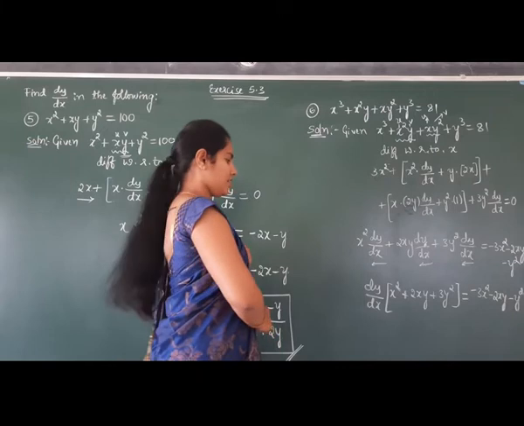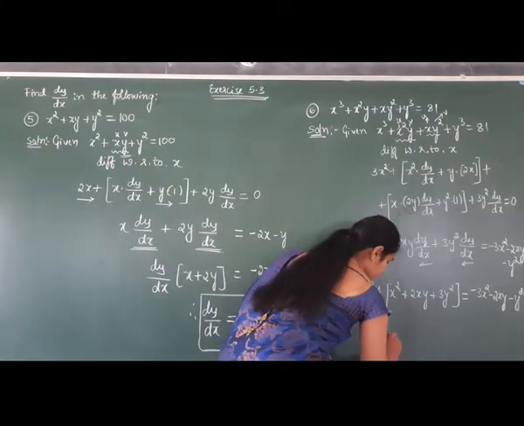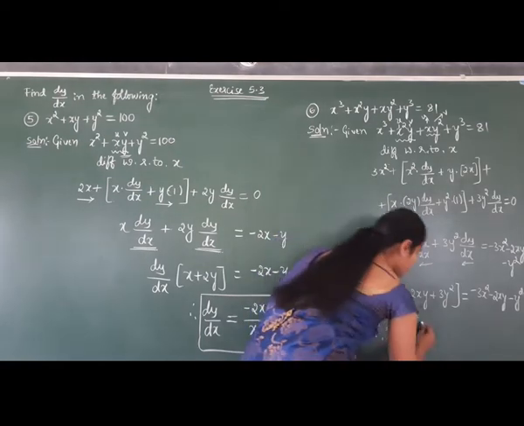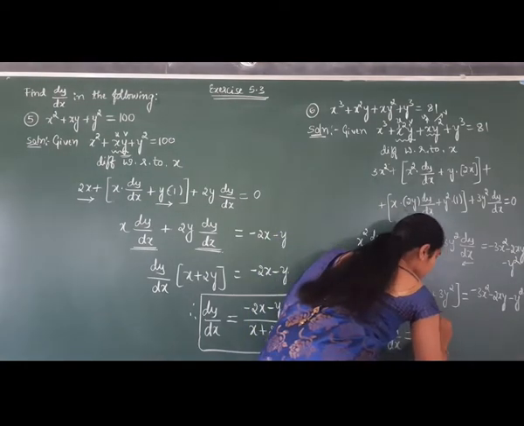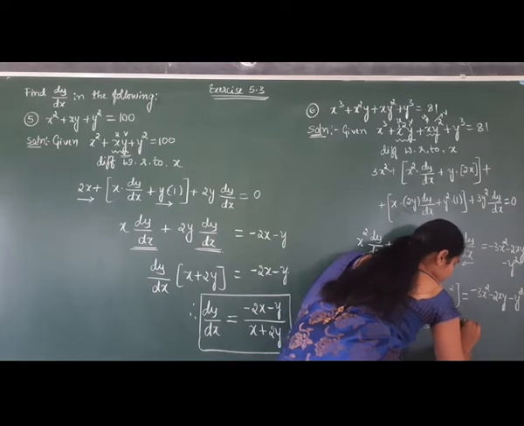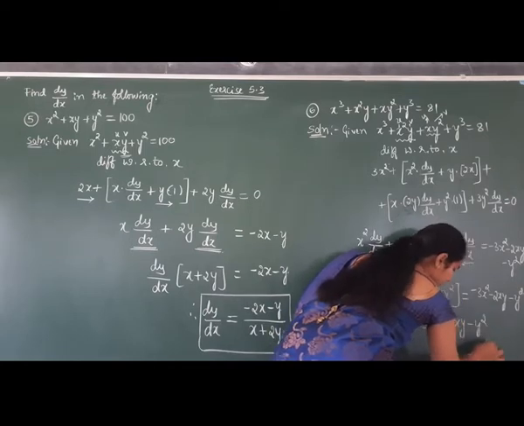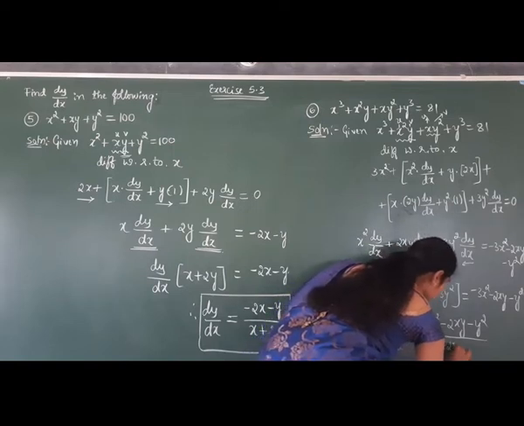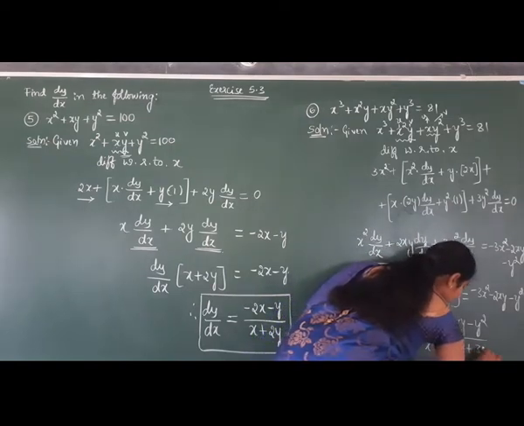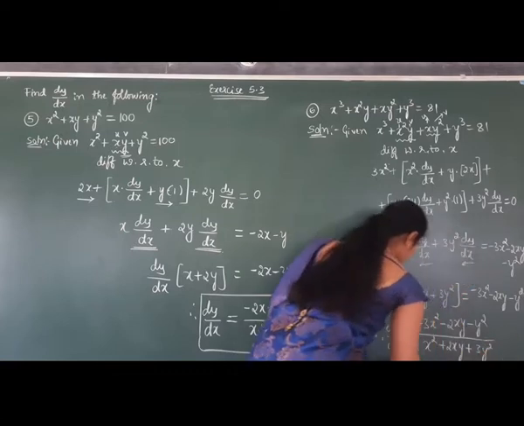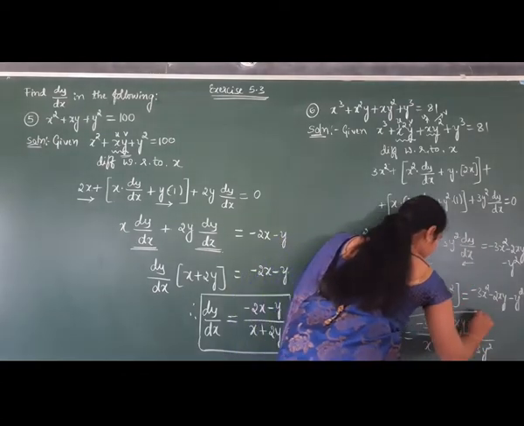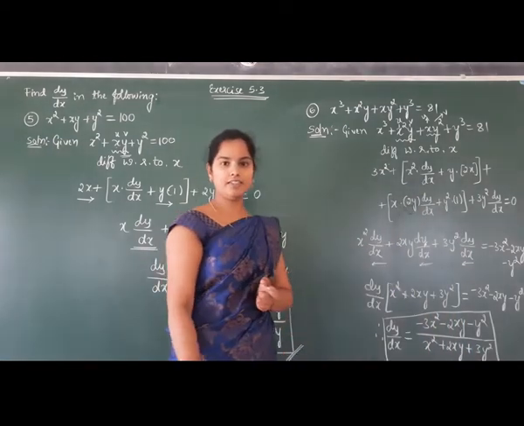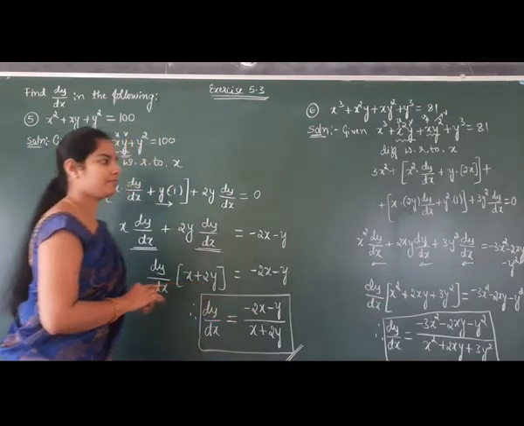Therefore dy by dx is equal to minus 3x square minus 2xy minus y square divided by x square plus 2xy plus 3y square, which is the derivative of the given function with respect to x. Clear? So the next question please.